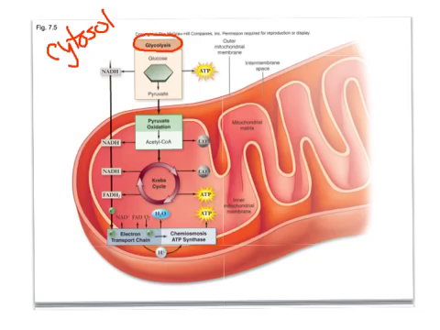And that's right here in the inner mitochondrial space. And then after that, it's going to go to the inner mitochondrial membrane for the electron transport chain, and that's the final process.